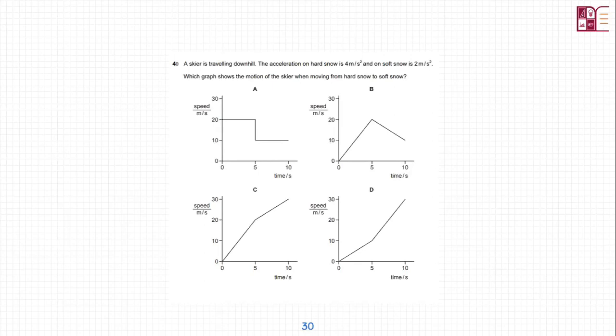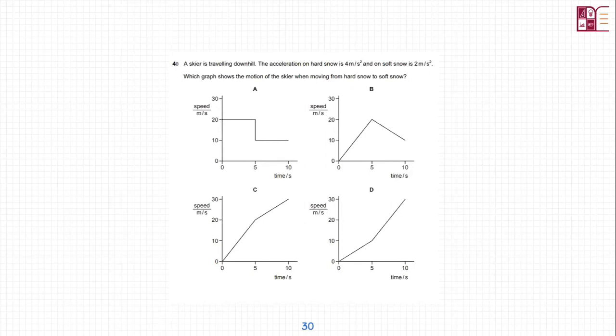Moving on to the next question, a skier is traveling downhill. The acceleration on hard snow is 4 meters per second square, and on soft snow it's 2 meters per second square. Which graph shows the motion of the skier when moving from hard snow to soft snow? The gradient of the speed time graph is acceleration.